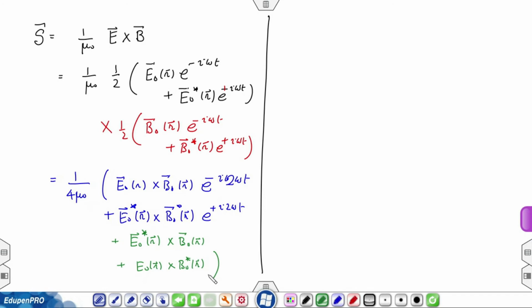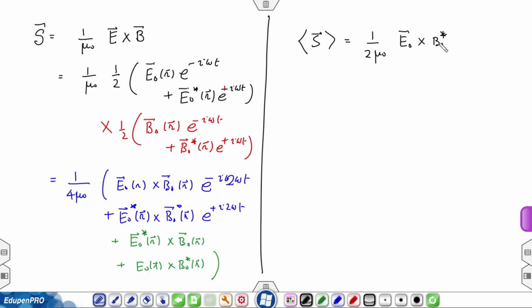When I take the time averaged quantity, so if I calculate S, it will come out to be, the first two terms give you 0 and the last two terms give you equal contribution. So, it comes out to be 1 over 2 mu 0 E 0 cross B 0 star.